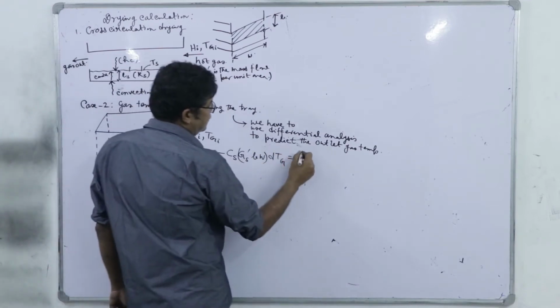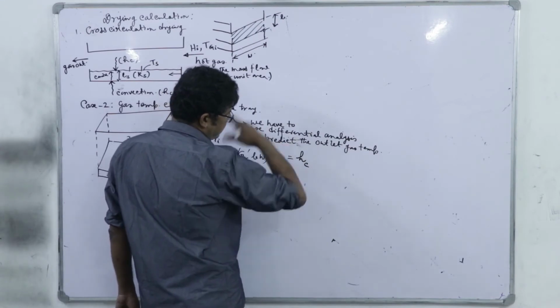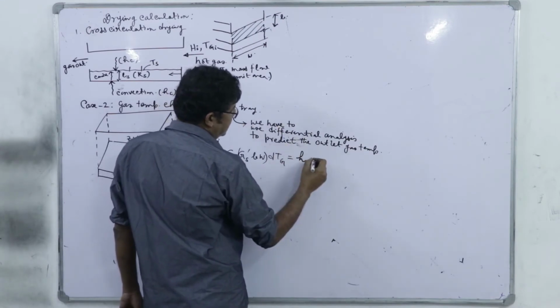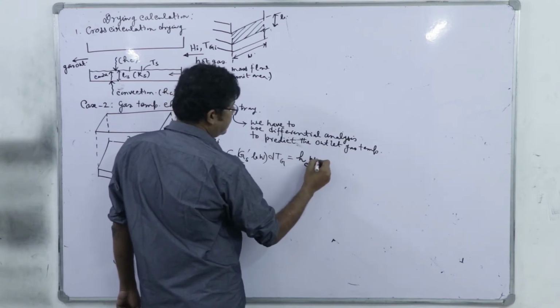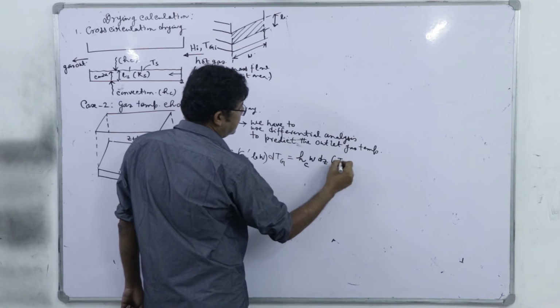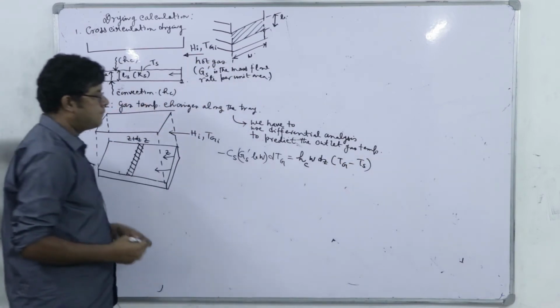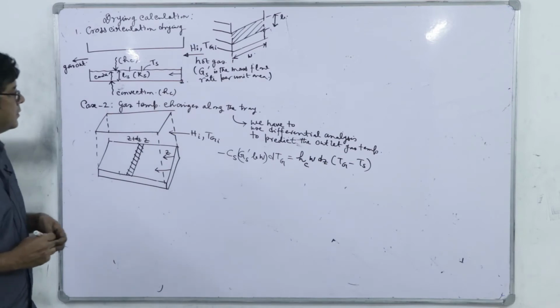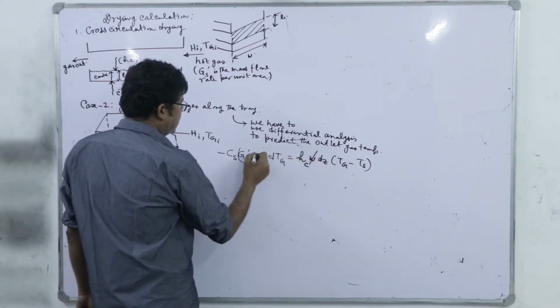So it is Hc, we consider only Hc from the top. Then this W into dz into Tg minus Ts, right? So W cancels out.